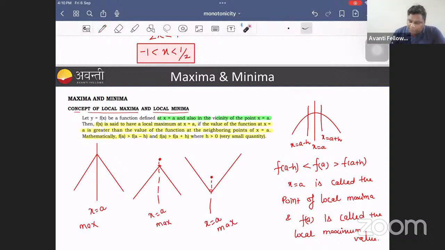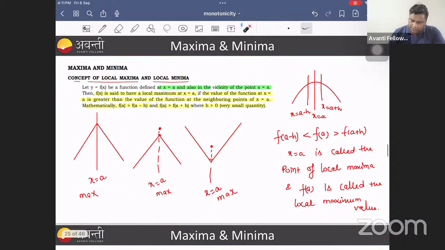It looks like a point of minima, but the value at x equals a is greater than both its neighbors. So that is why we call it the point of local maxima, and we call this value the maximum value.